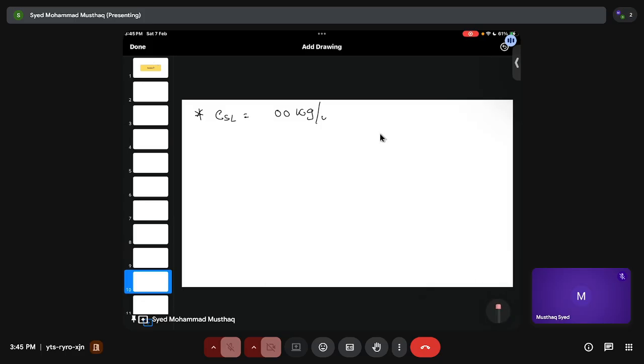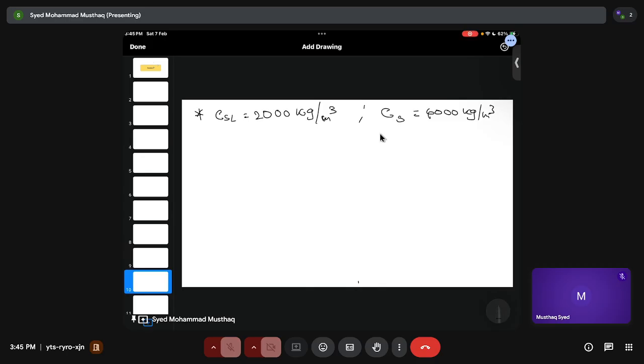Let's take 2000 kg per meter cube, and the density of your solid is equal to 4000 kg per meter cube. Now calculate the percent solids by weight present in your slurry. So what is the amount of solid that is present in your slurry? If you want to know that, how do we do it?